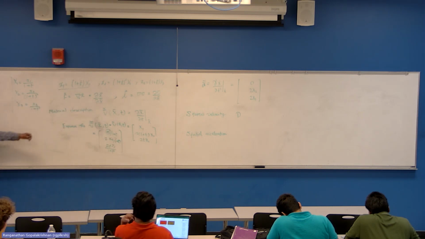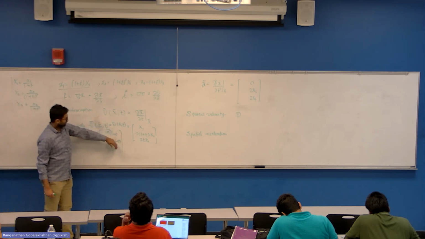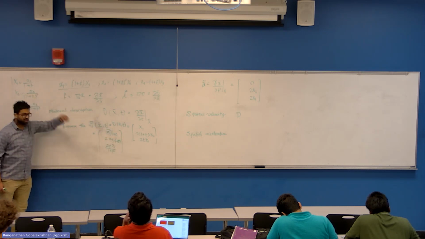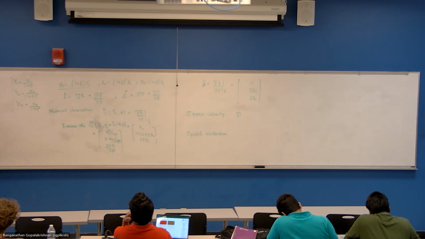So all you have to do to go from material to spatial is to use the inverse mapping and get rid of the material coordinates. Okay.